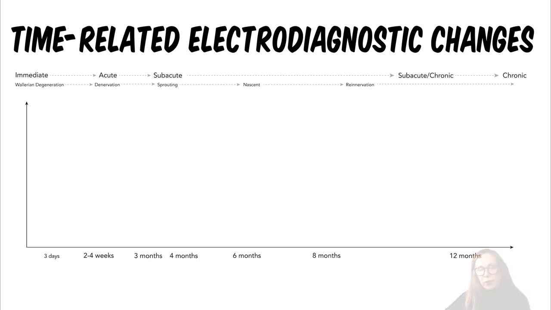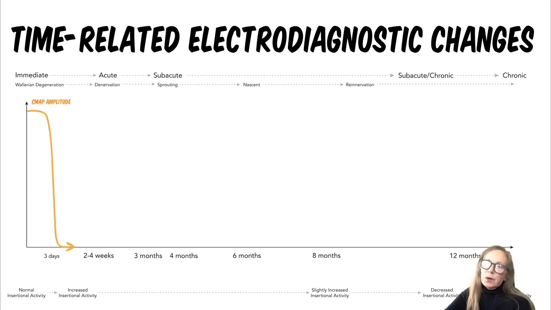Then along the bottom, we can see that you'd have normal insertional activity before an injury. You'll see increased insertional activity, lots of receptivity of those motor end plates, and then slightly increased insertional activity, then decreased insertional activity. And then if there's no reinnervation, then no insertional activity.